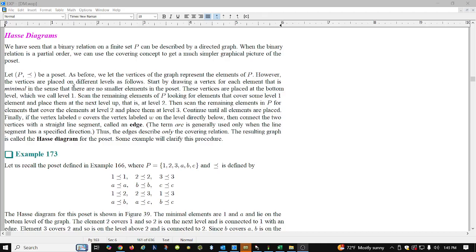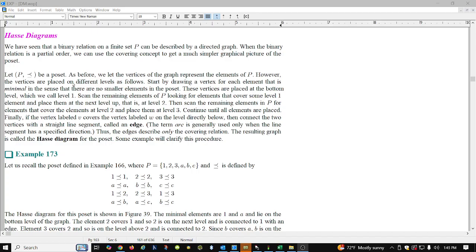We've already talked about the fact that if we have a finite underlying set, a relation can be described by a directed graph. When a binary relation is a partial order, we can use the covering concept to get a nice graphical picture. It's not a directed graph in quite the same sense.